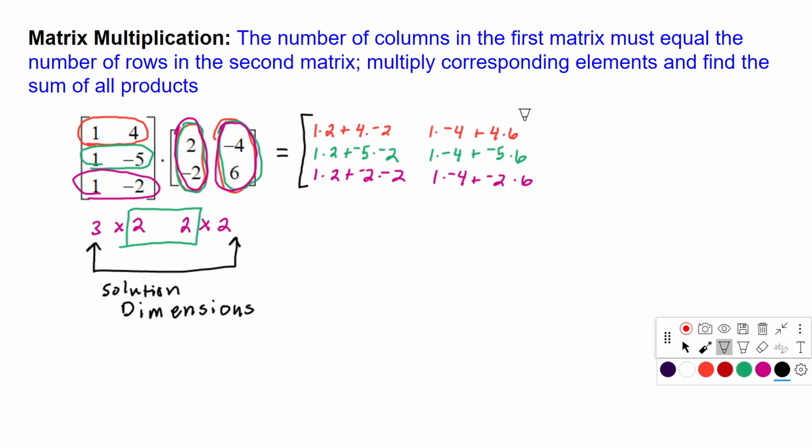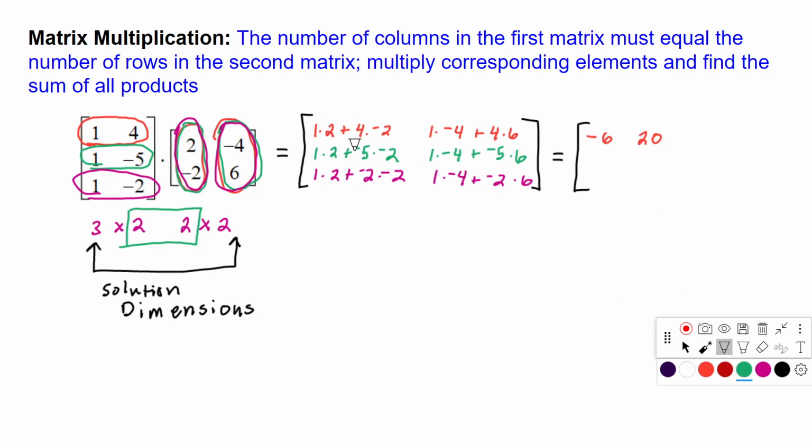And then I'm going to simplify. So here we have 2 plus negative 8 is negative 6. Then we have negative 4 plus 24 for a positive 20.